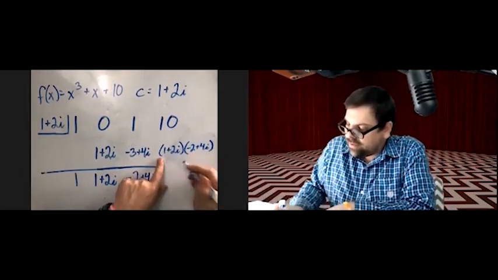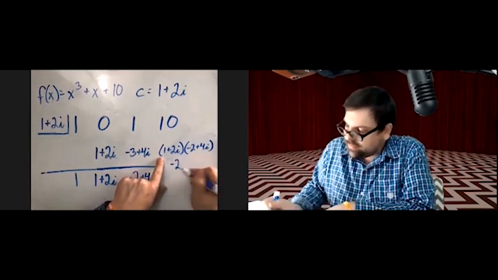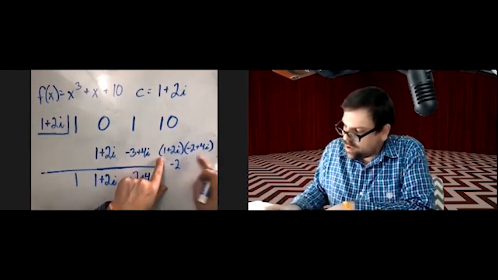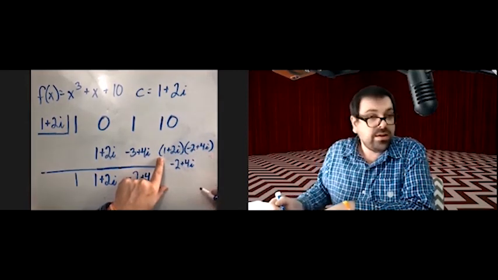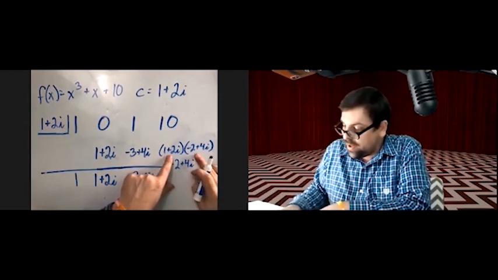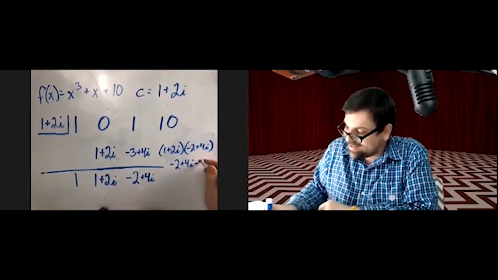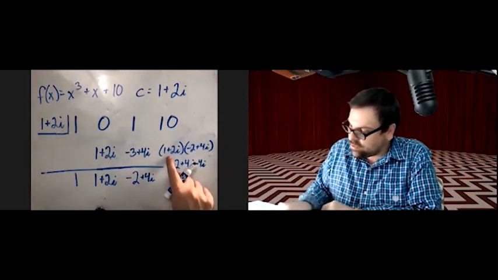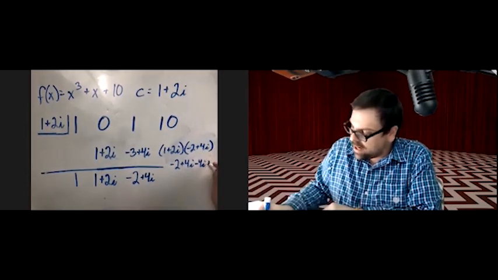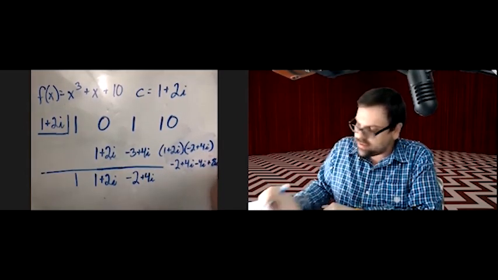First, 1 times negative 2 is negative 2. Outer, 1 times 4i is plus 4i. Inner, 2i times negative 2, that's negative 4i. Last, 2i times 4i is plus 8i squared.